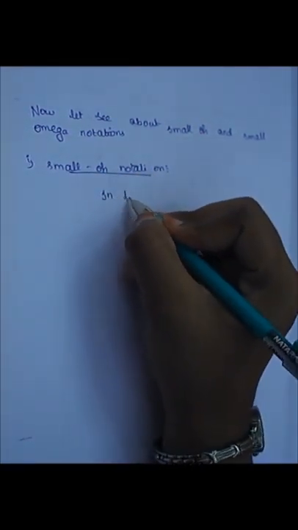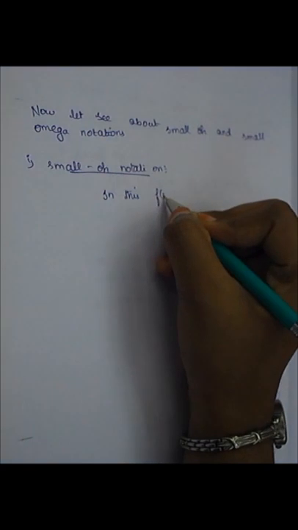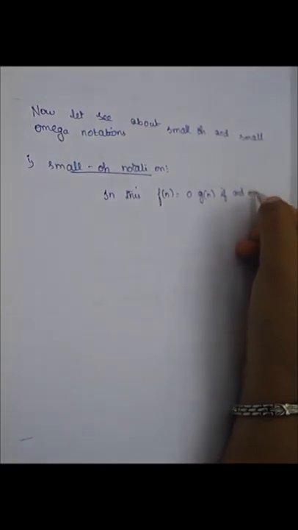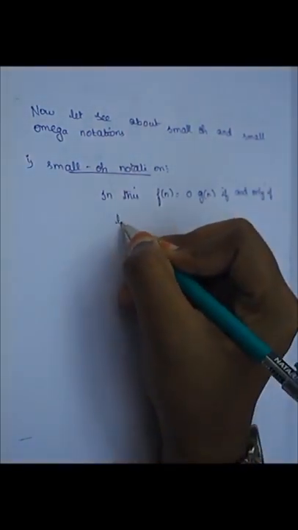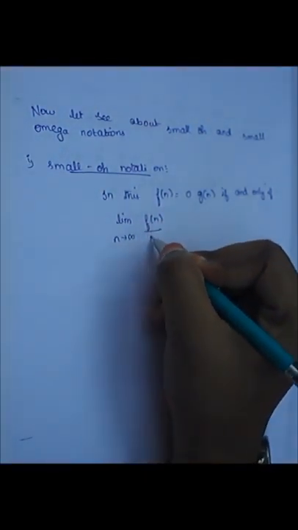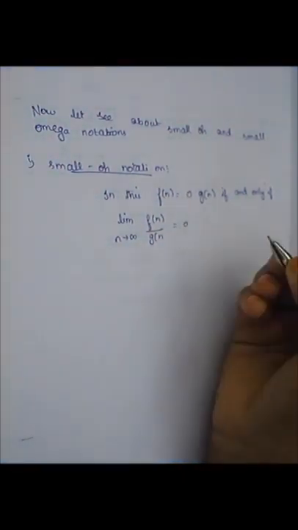In this, f of n equal to small o of g of n if and only if limit n tends to infinity, f of n by g of n is equal to 0.